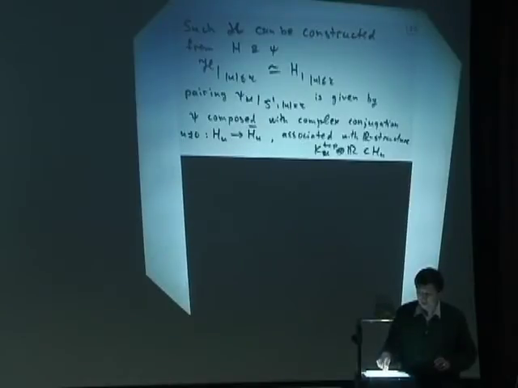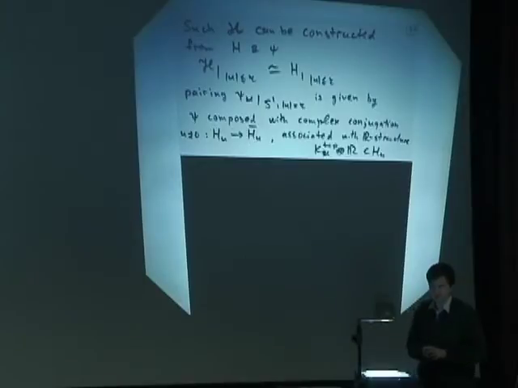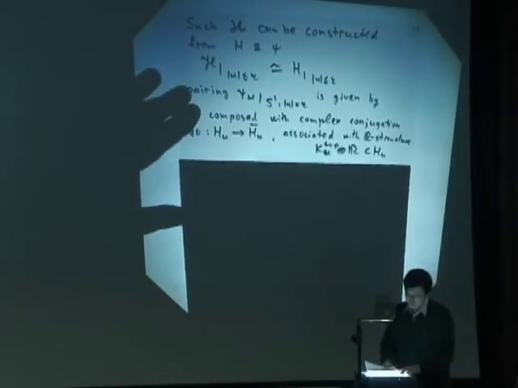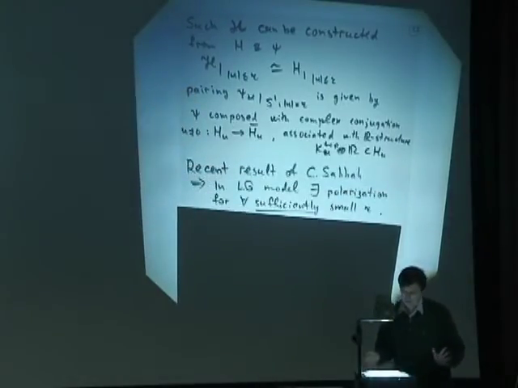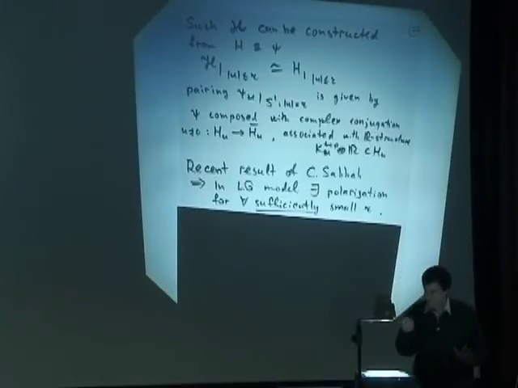And complex conjugation is associated with the lattice, which comes from the real structure coming from the lattice. So it's a natural notion, and the recent paper by Claude Sabbah implies that in the Landau-Ginzburg model there exists a polarization for all sufficiently small radii.